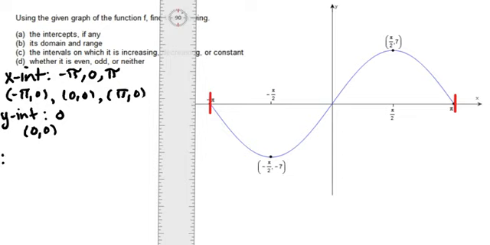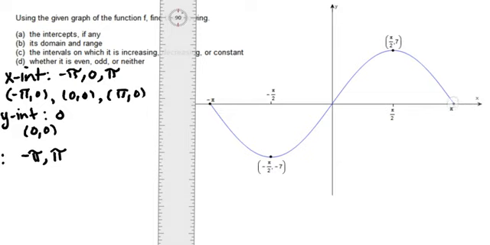So the domain starts at negative pi and ends at pi. All the numbers in between are part of the domain, so we're using interval notation to mark that. Now, as we look closer at these endpoints, they are open circles.